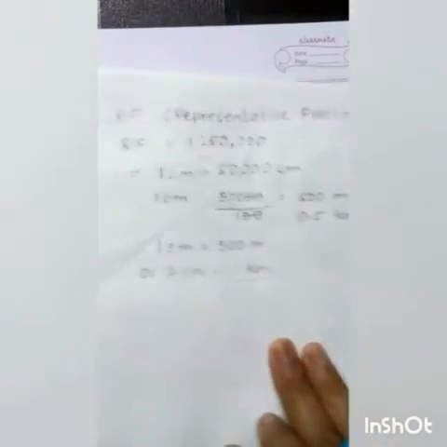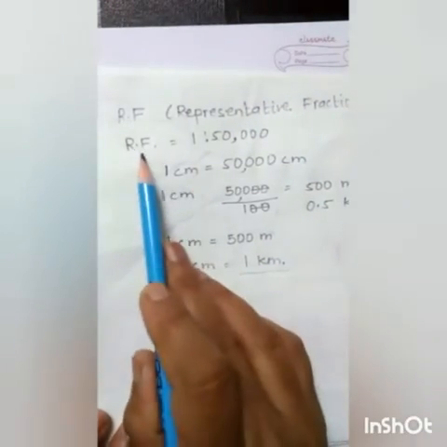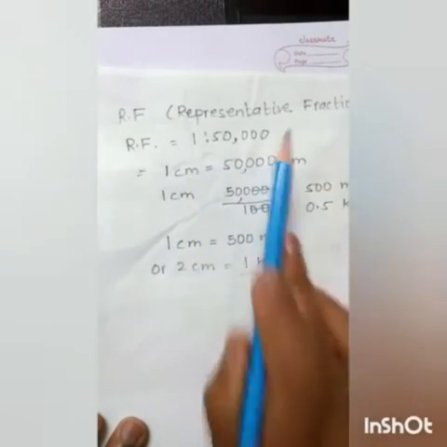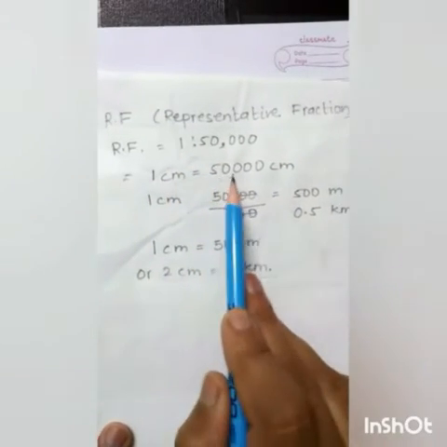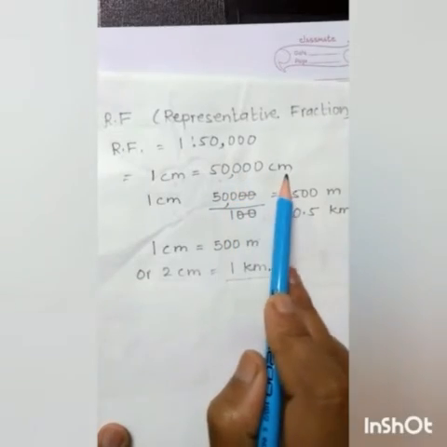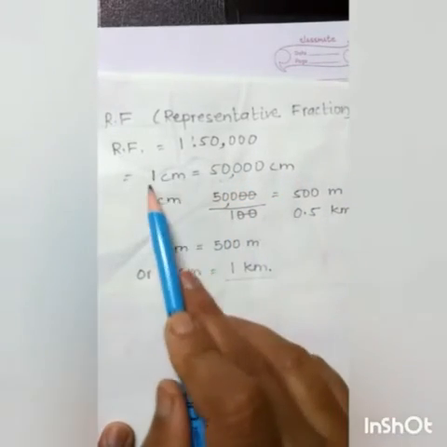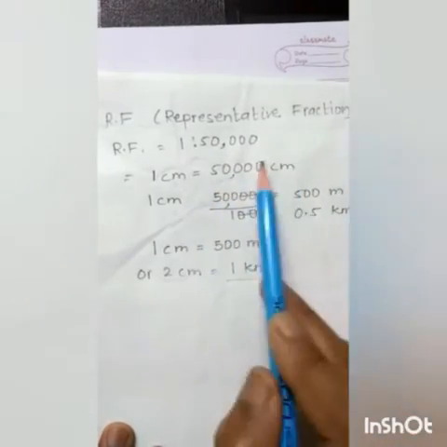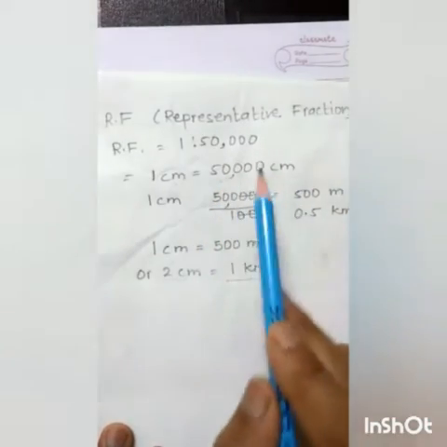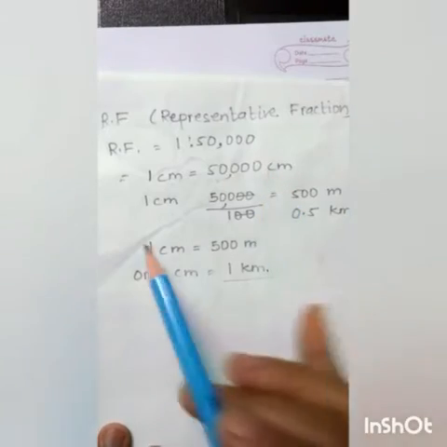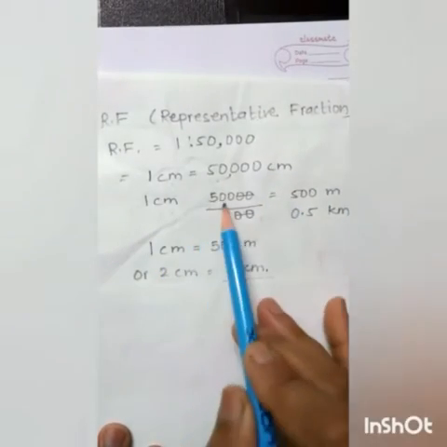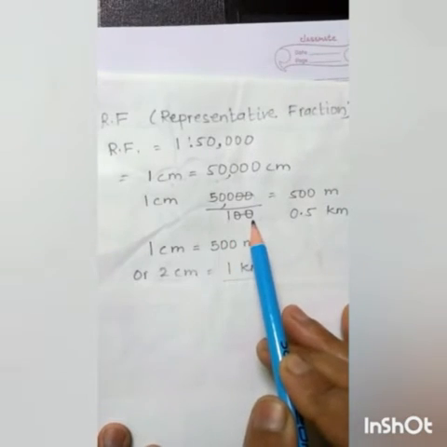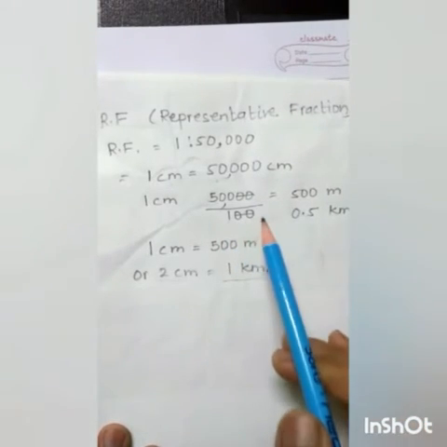It means RF is equal to 1 is to 50,000 centimeter. 1 centimeter on the map is equal to 50,000 centimeter on the ground. Now we have to convert it into kilometer. 1 centimeter is equal to 50,000 upon 100, because 100 centimeter is equal to 1 meter.